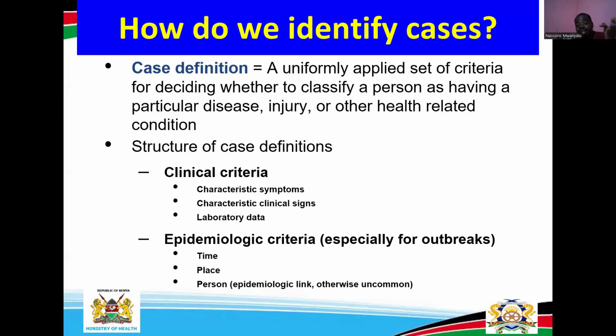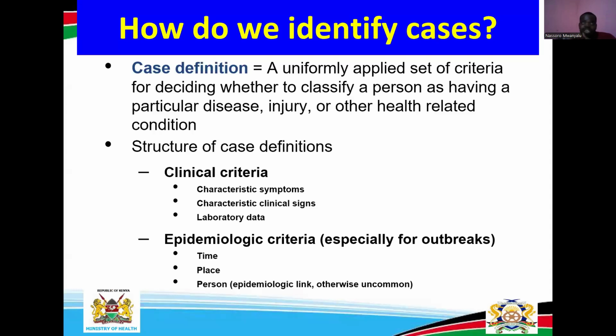First of all, it should have the symptoms that you are interested in. In the COVID-19 case definition example, we talked about fever, cough, difficulty in breathing. These were the clinical criteria. Then it should also have the lab data if it's available. Then on the epidemiological criteria, we can look at time, place, and person.